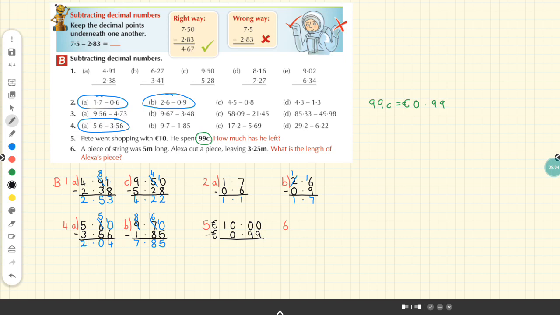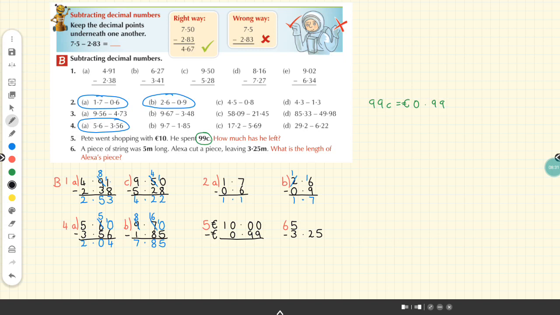So we're looking for the difference between 5 meters and 3.25 meters. So once again, we're doing a subtraction sum. So that's 5 meters. So we have 5 take away 3.25.